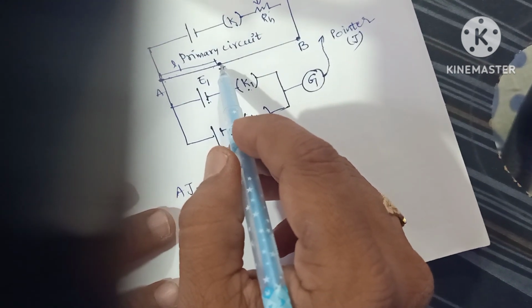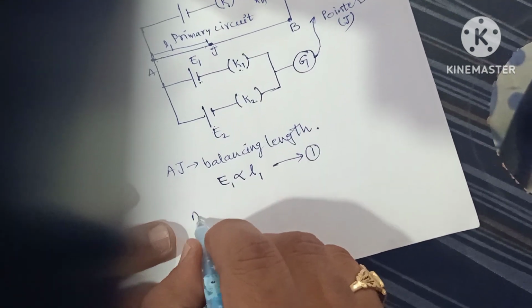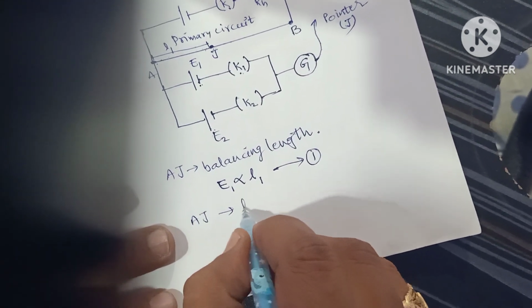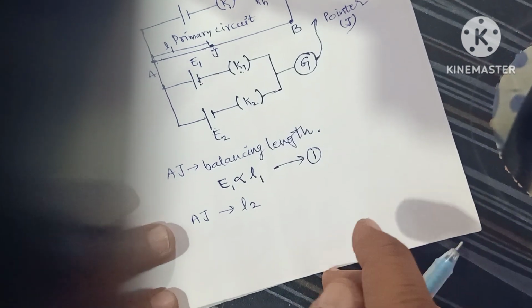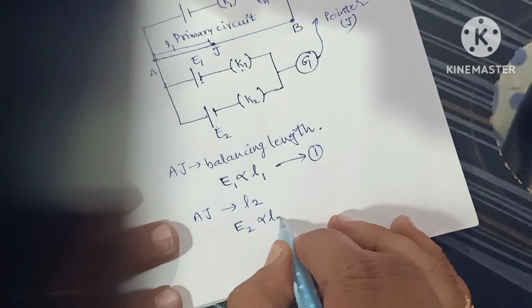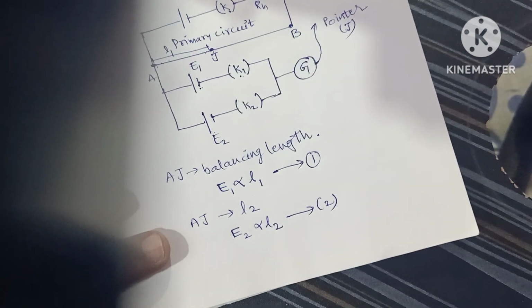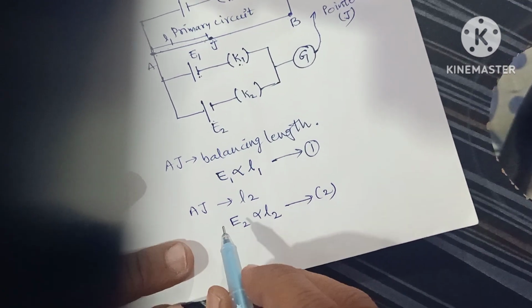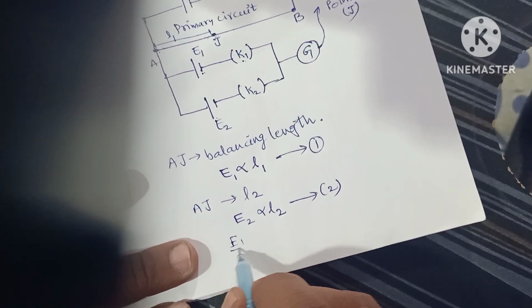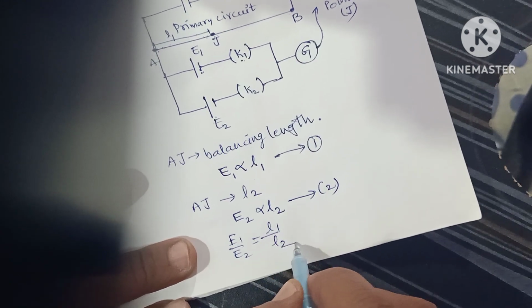Again that point is called J, and that AJ is noted as, say, L2, the balancing length. Now E2 is proportional to L2, equation number 2. From equations 1 and 2, E1 by E2 is equal to L1 by L2.